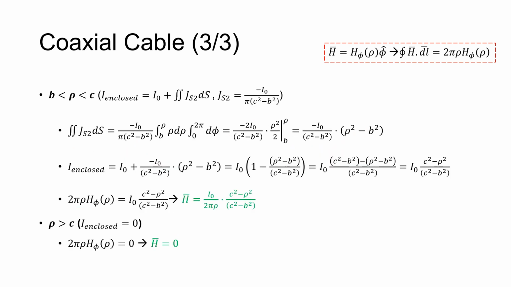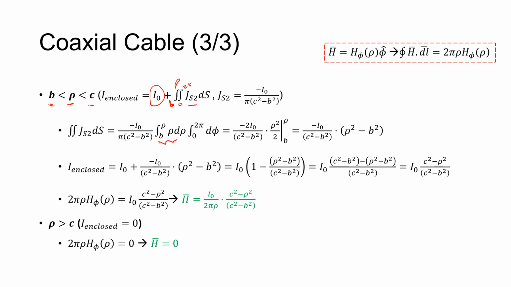For the third region, where rho varies from b to c, you will have the enclosed current I naught. This is positive, and you have a negative I naught, but only a portion of it, which corresponds to Js2, integrated from 0 to 2 pi and from b to rho. In that case, you will have the same integration.